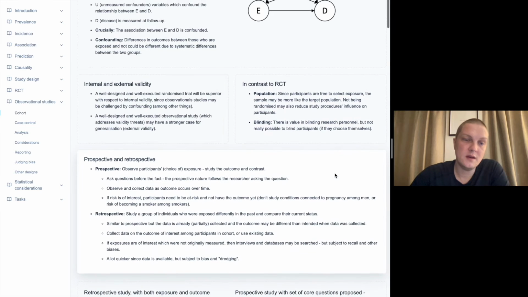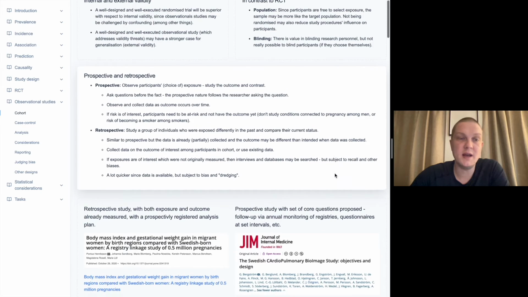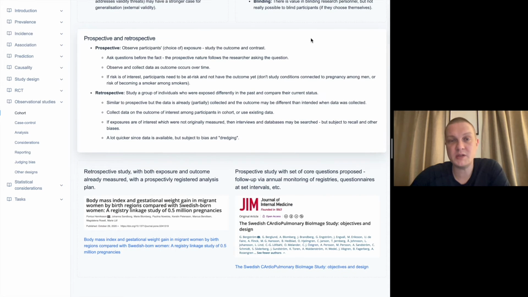We like to think of cohort studies as either prospective or retrospective, but sometimes the two aren't very discriminating, so there are variations within them. In a prospective study, you observe participants' choice of exposure and study the outcome.